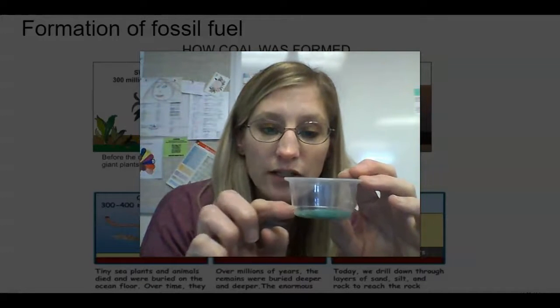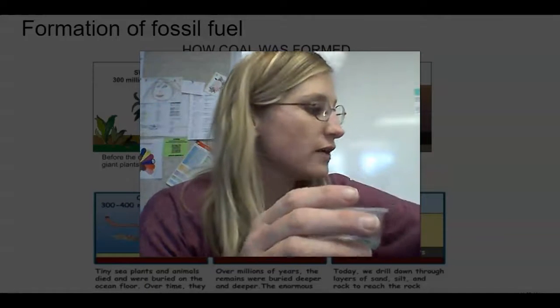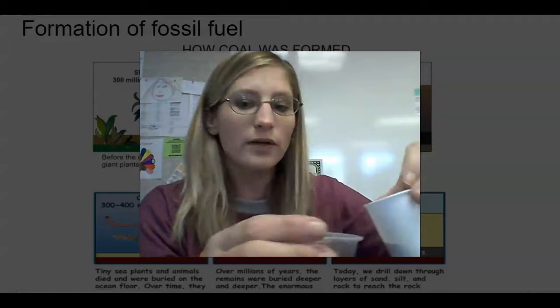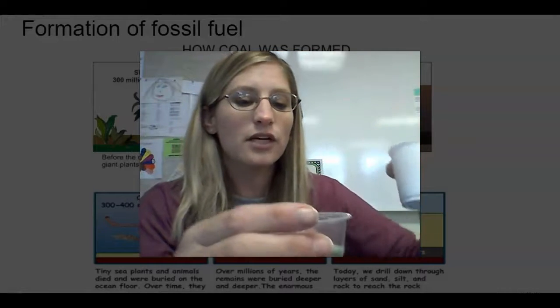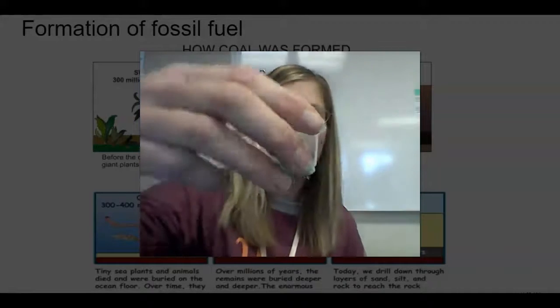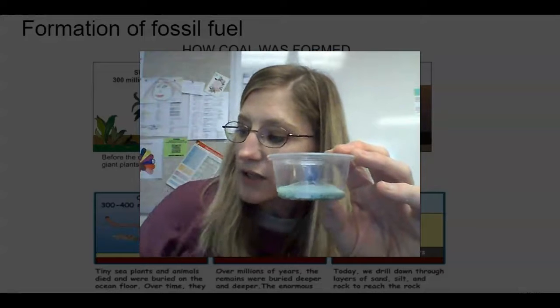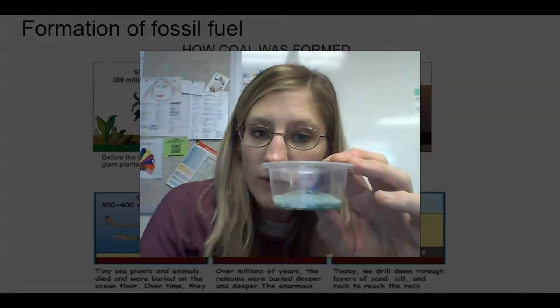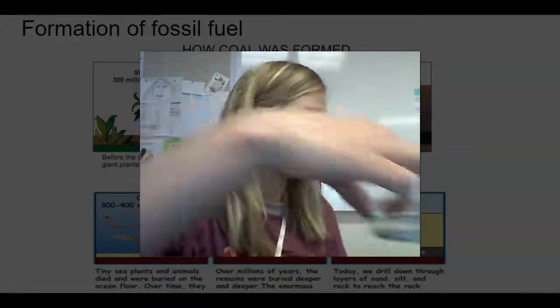So remember with your water, you should have a little bit of water. Get a little bit of water, and you can pour a little bit of water in there. That's just going to represent where that natural gas and that oil is formed right there.